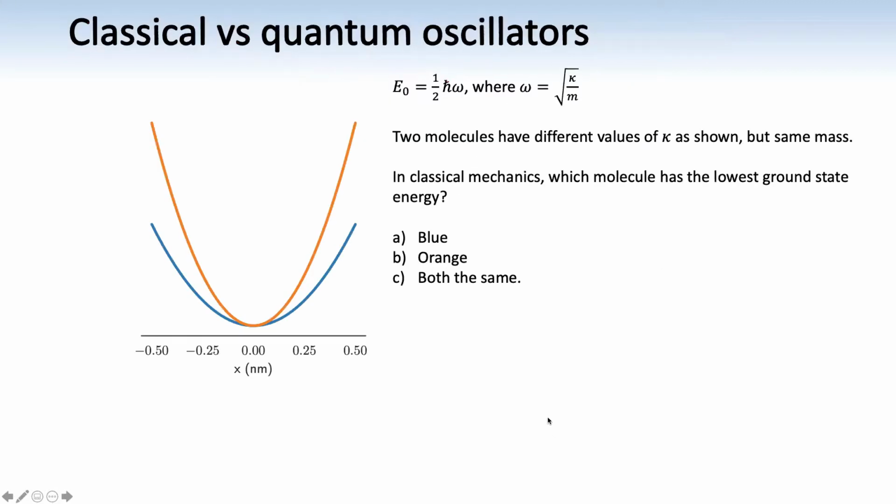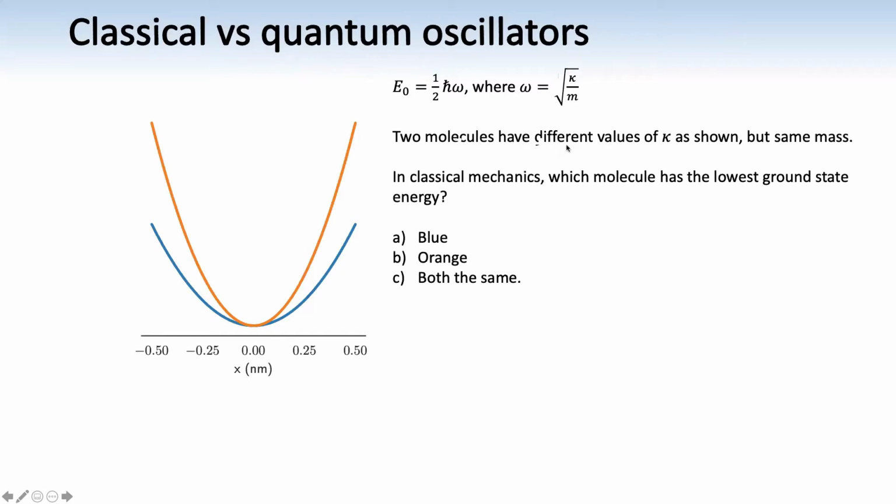Let me see if you can answer this question. I'm going to discuss it after I pause a little bit for you to think about it. So what we have here, given that the energy of the ground state, that's n equals 0, is 1/2 h bar omega, and given that omega is square root of kappa over m, we want to answer this question.